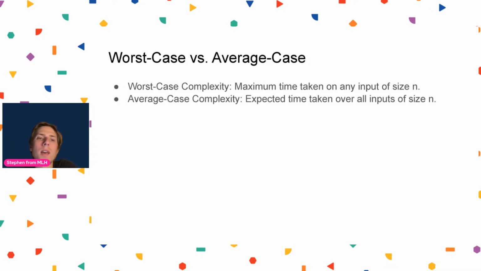Because it's going to randomly appear at some point in the list in each case. So then the average case complexity could be a little bit faster, a little bit less complex. And typically big O notation is calculated with worst case complexity.